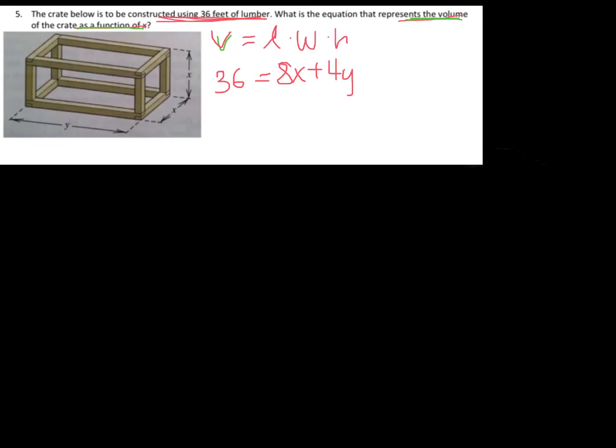So what will I need to do in order to create a volume equation only as a function of x? In order to make it in terms of x, I need to know the length, the width, and the height in terms of x. So let's go variable by variable and write it in terms of x. That should be our plan.